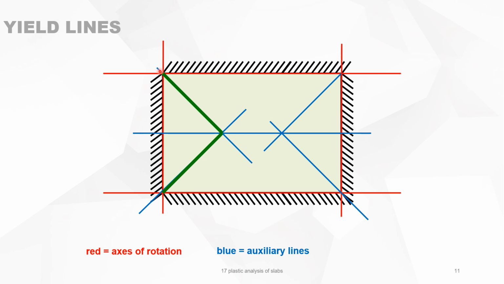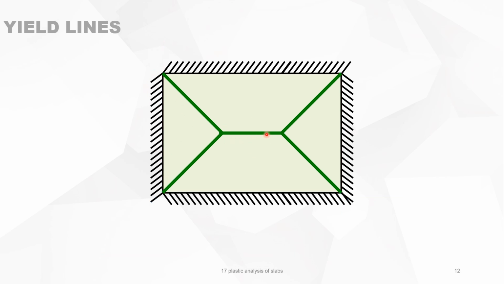Then you can draw the yield lines, and this is the yield line pattern of a rectangular slab, simply supported on all sides and loaded with a uniform distributed load. This is exactly the same kind of pattern that we saw in the test with the slab that was loaded gradually more and more.